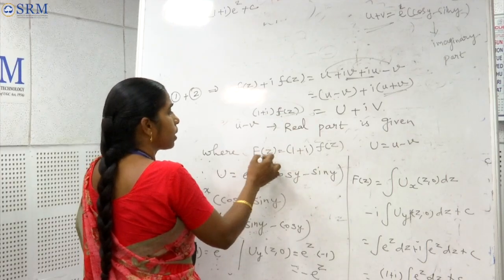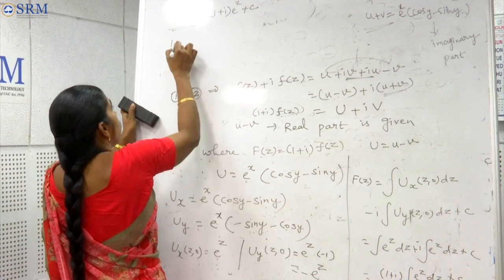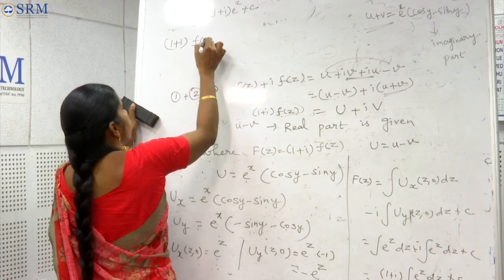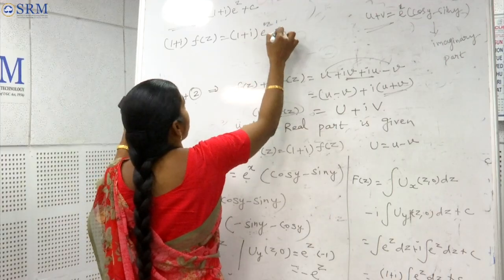But your question is to find the analytic function f of z. So what is capital F of z? It is 1 plus i times f of z, and this is replaced by (1 plus i) f of z equals (1 plus i) e power z plus c.